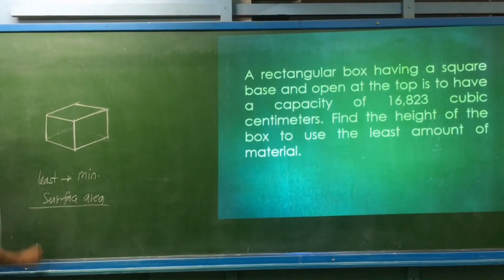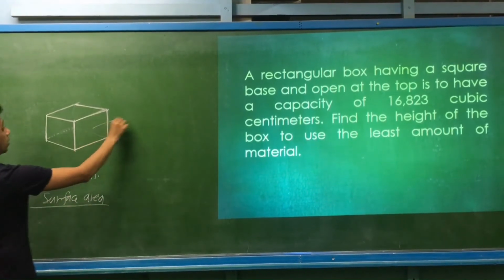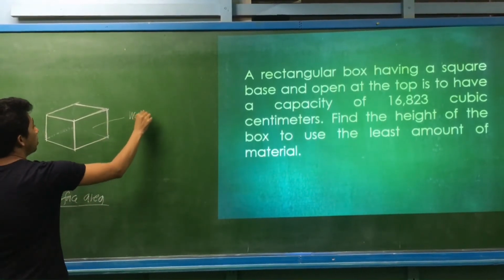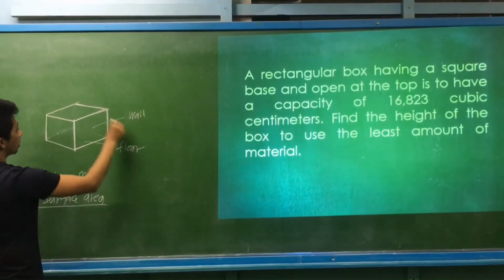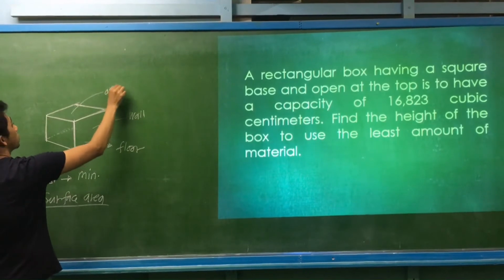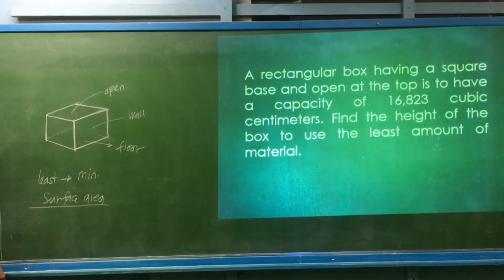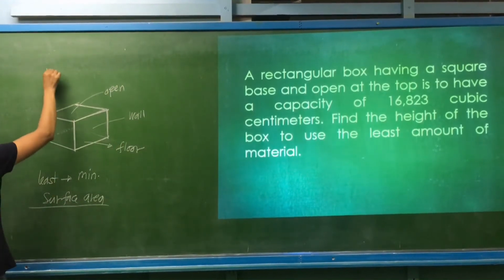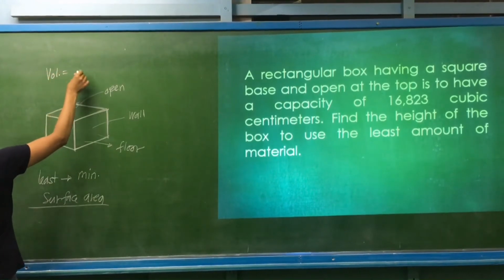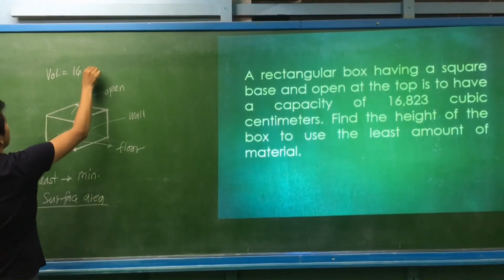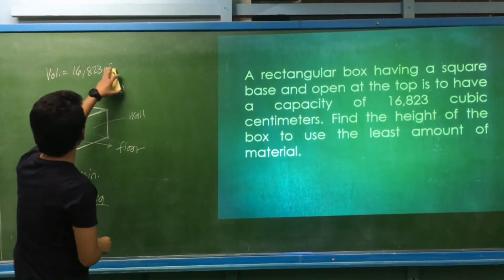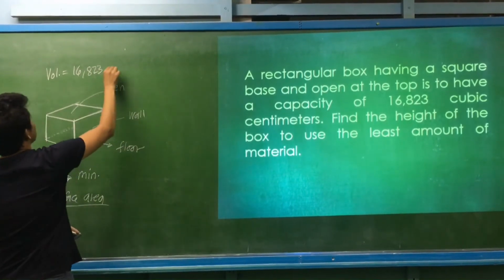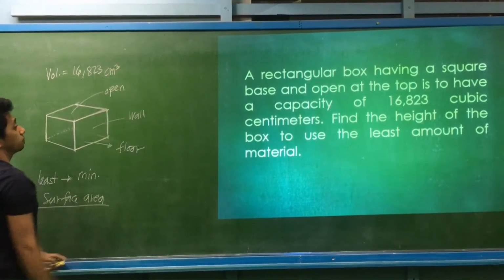So, surface area, that is the area of the wall, tapos yung area ng floor. For a reason, yung ibabaw, sabi naman niya, this is open. So, the volume of this box should be equal to 16,823 cubic centimeters.